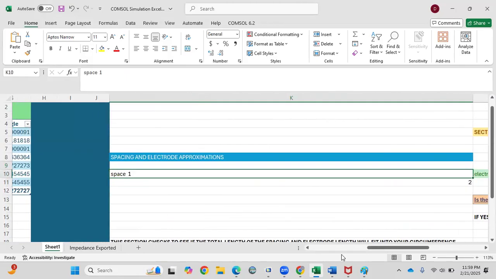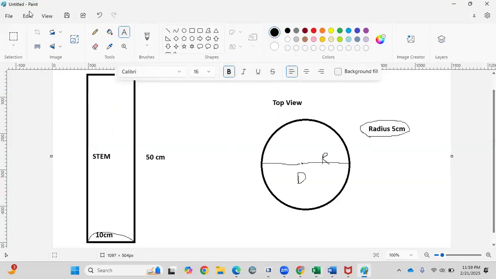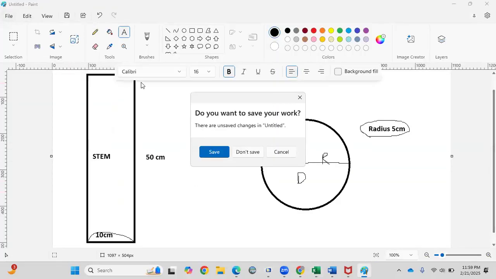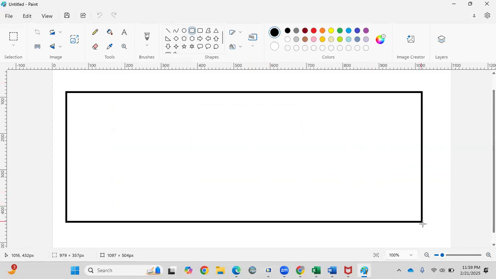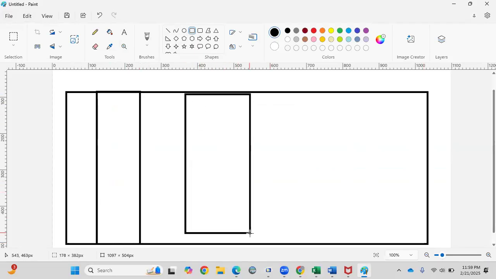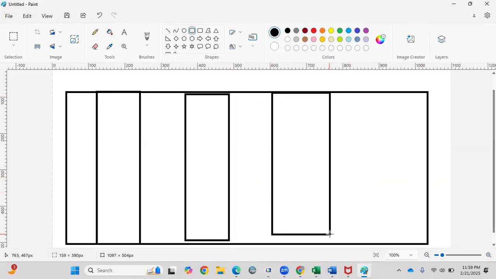If it's kind of confusing, I'm going to paint. So let's say this is your circumference rolled out on a flat piece of paper. You have electrodes. You have one electrode, then you have a next electrode, 2, 3, and 4.